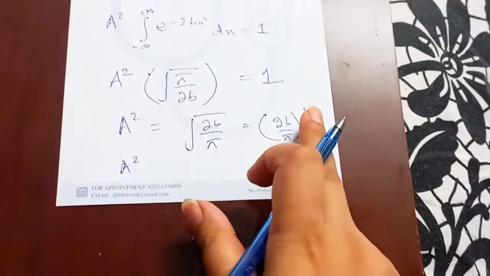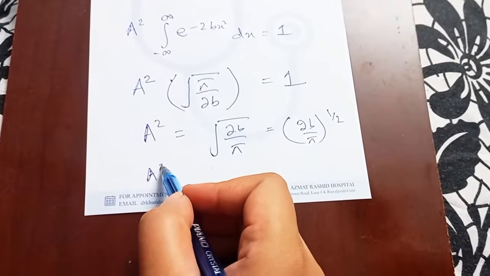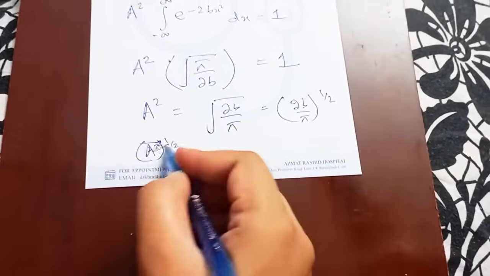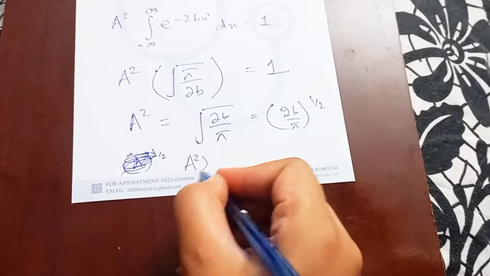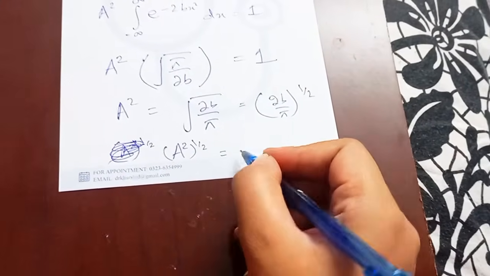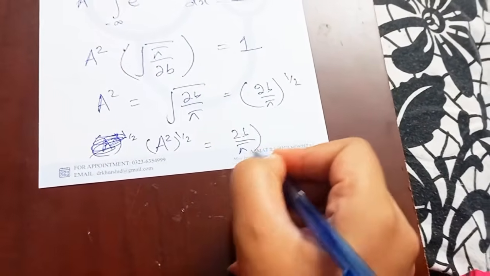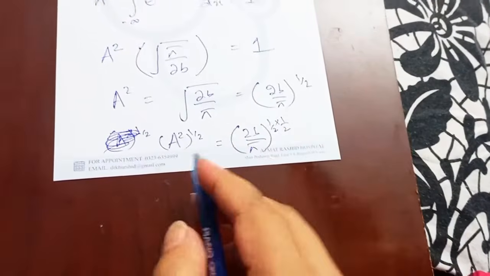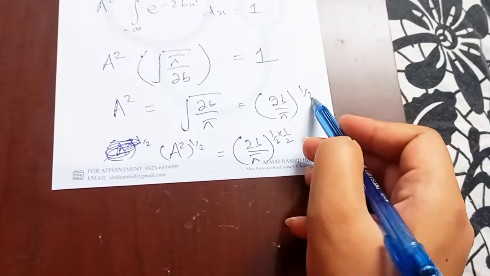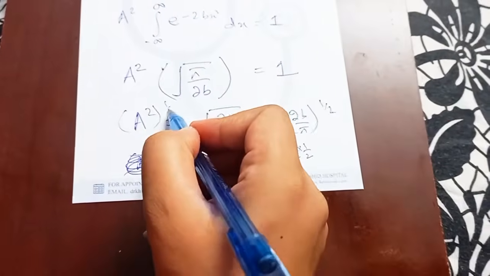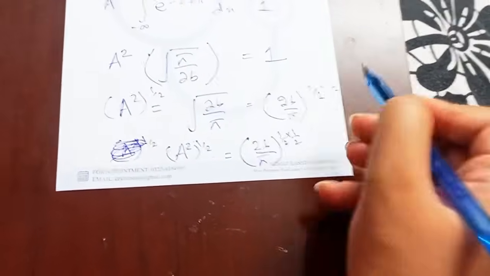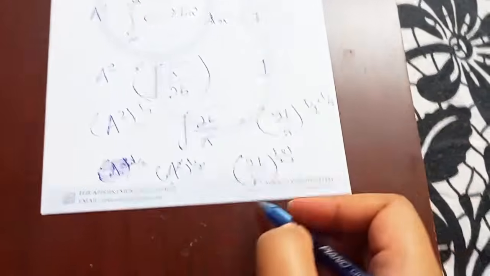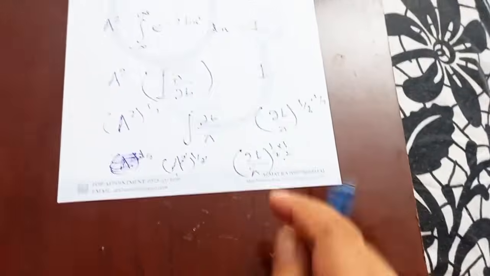Under root is equivalently this, so we need to take the power 1 by 2 on both sides to get the value of a. It was 1 by 2 already, so taking 1 by 2 again means we are multiplying the powers, so this is cancelled and it's a on this side, and this is 1 by 4 on this side.